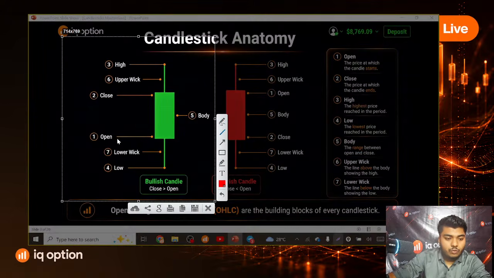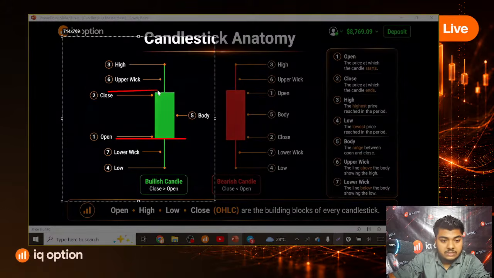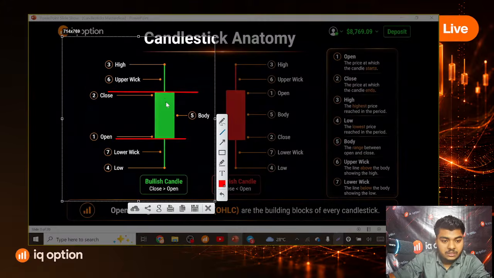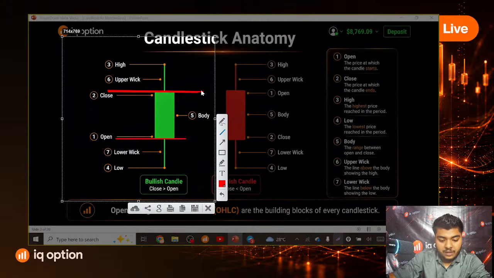The price opened here, this is where the price started. The second is where the price closes. The price opened here and closed here. So this is the closing point of the price, and this is where the price finished.